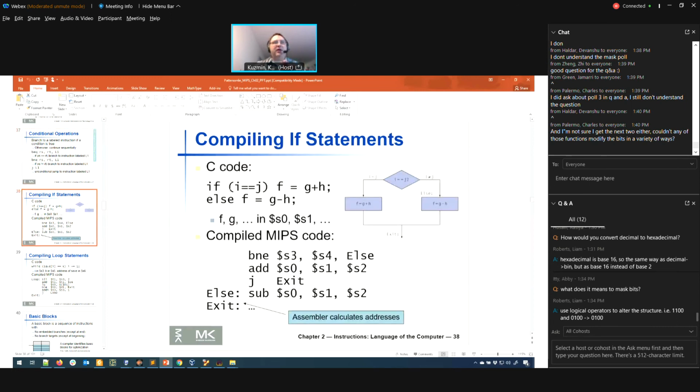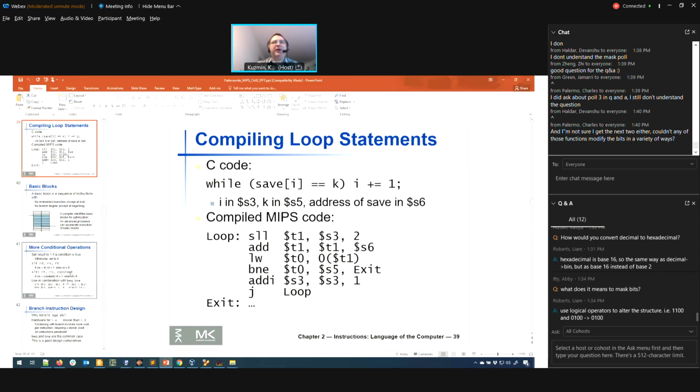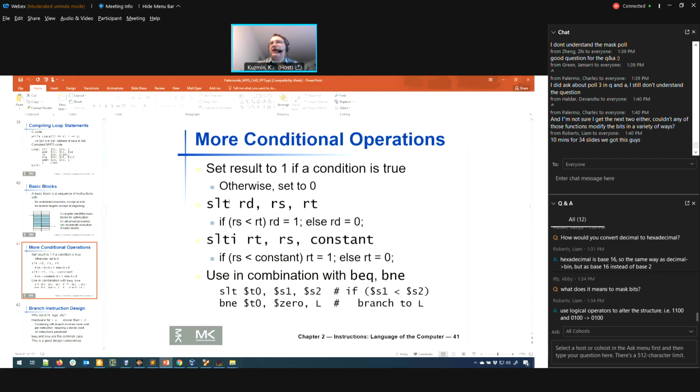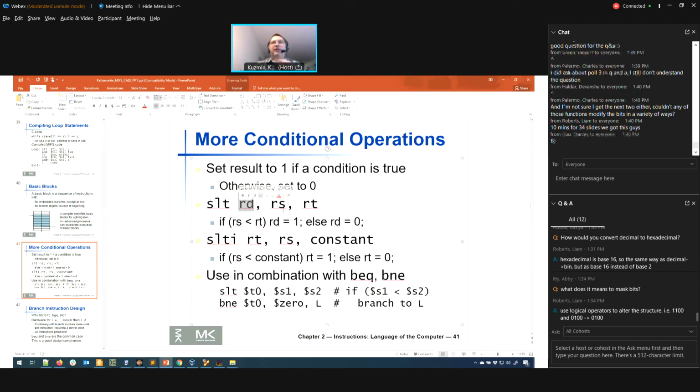So here's an example. But what if we want a less than or greater than? In this case, we have to use additional instructions. SLT, set less than. This instruction sets register D to 1 if the condition is true. And the condition is less than. Who is less than whom?